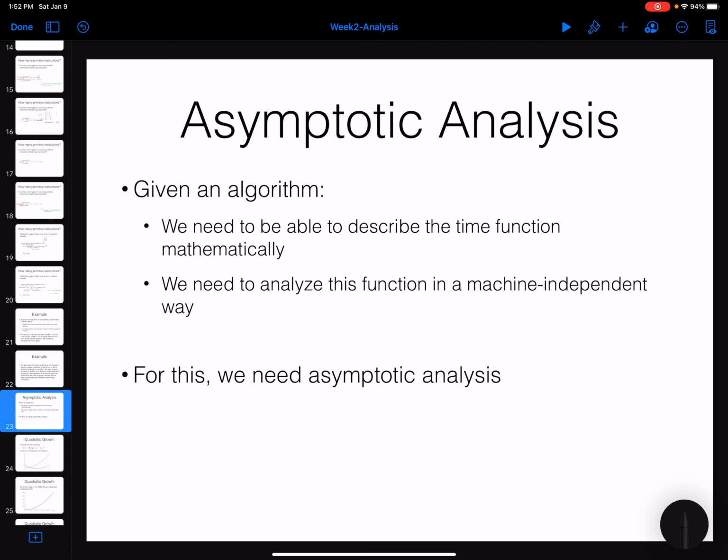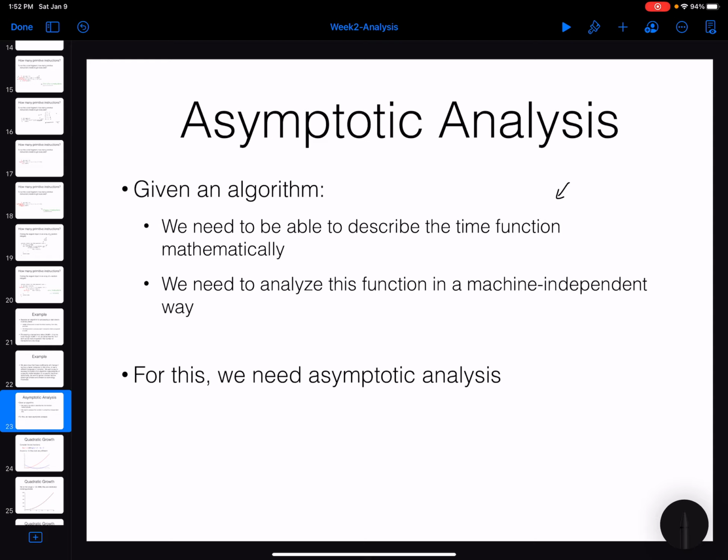Okay, let me show you this example. Before we go to the asymptotic analysis, I just wanted to finish this part: to be able to analyze your algorithm, you have to first find the time function for your algorithm. But when you are discussing the time function for your algorithm, don't be very picky about those coefficients.